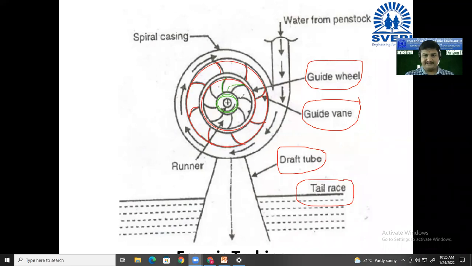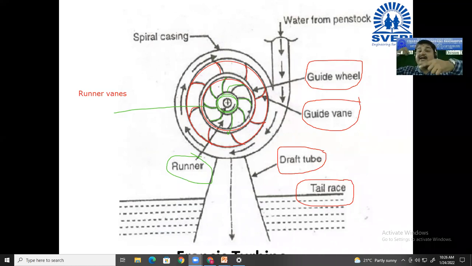I am indicating with the green color. So this inner wheel is named the runner, and all these inner vanes are named runner vanes. So all the vanes which I have indicated with the green color are known as the runner vanes.